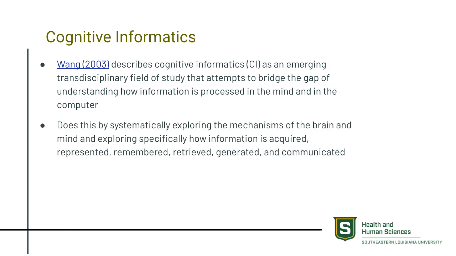The way it does this is by systematically exploring the mechanisms of the brain and the mind, and exploring specifically how information is acquired, how it is represented, how it's remembered, how it's retrieved, how it's generated, and how it is communicated.